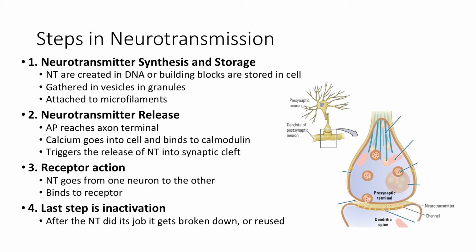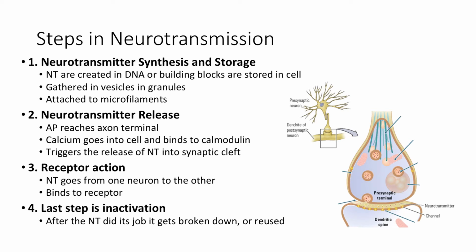Okay, so then they will attach to little microfilaments in the terminal button, and eventually they're attached to the presynaptic membrane, and they will kind of get pushed out. This is the step of neurotransmitter release. How neurotransmitters are released depends on the action potential.